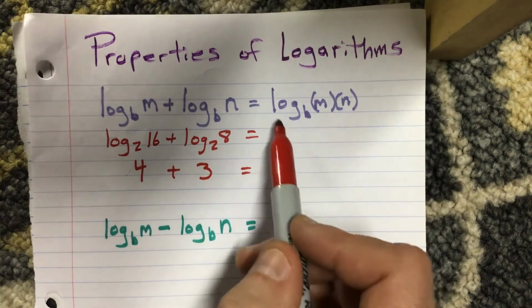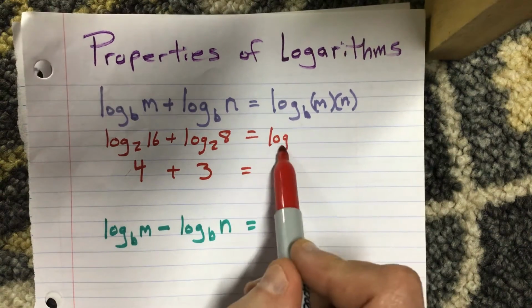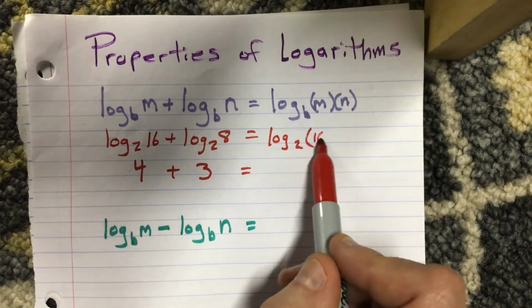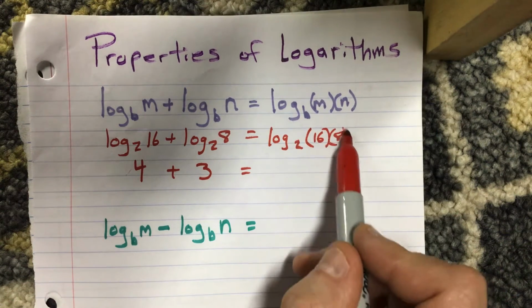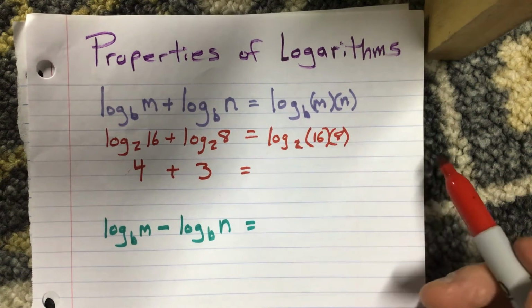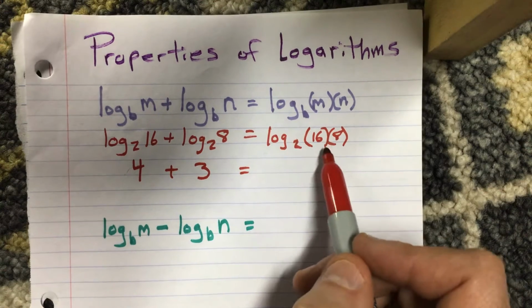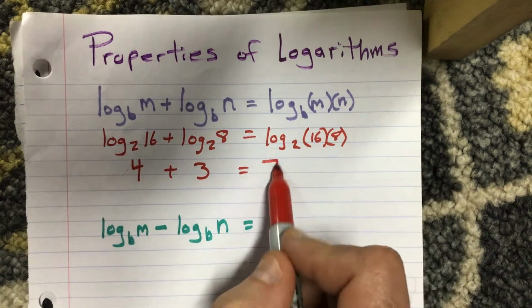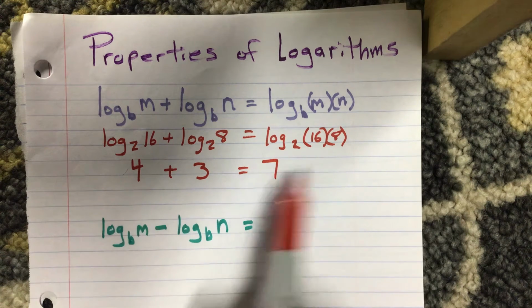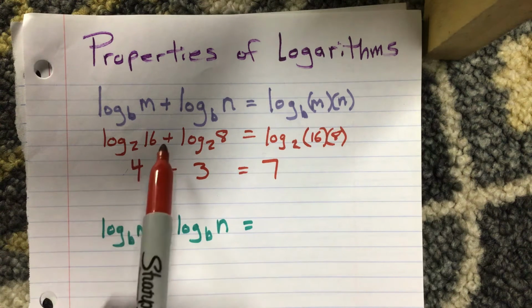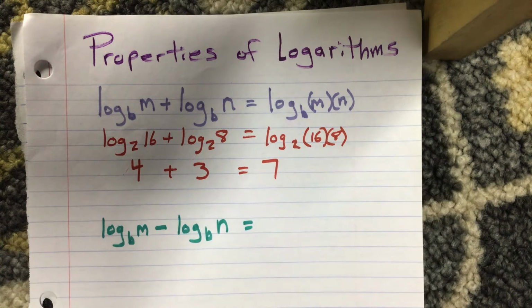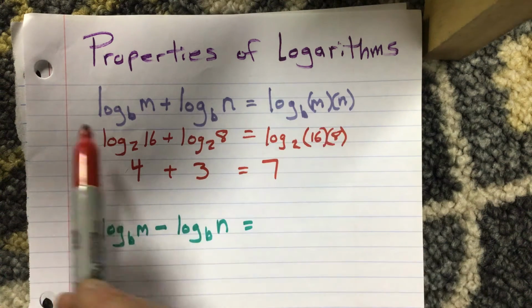And that equals the same thing as if we had just taken log base 2 of 8 times 16. And 16 times 8 is 128. And the log base 2 of 128 is 7, since 2 to the 7th power is 128. So it equals the same thing, whether you take the sum of two logs or the log of the product. So that's one of the properties of logs.